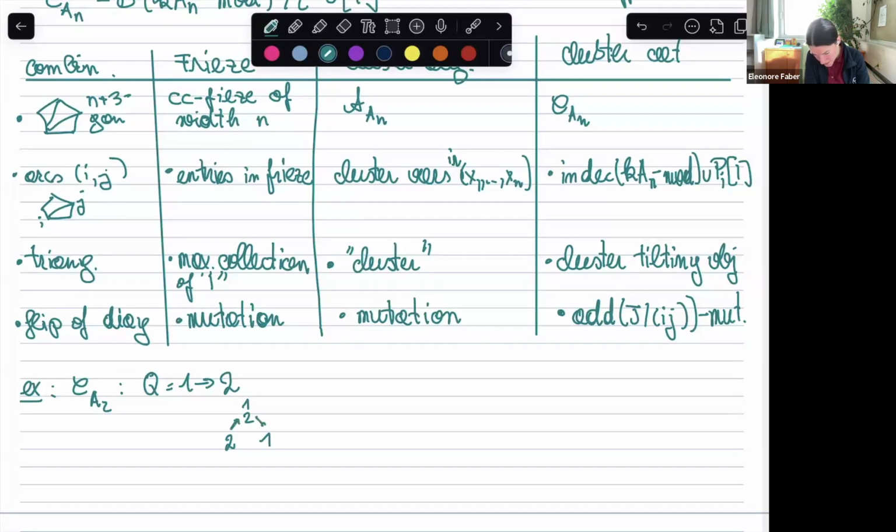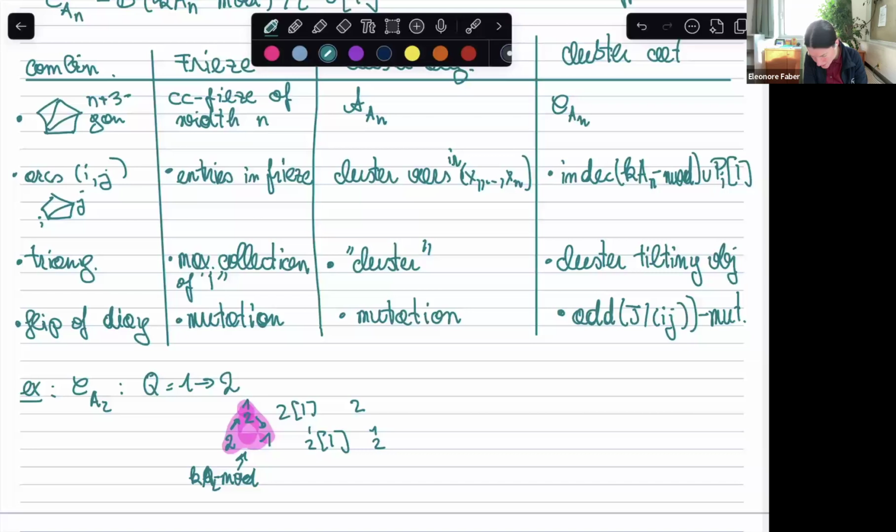So this here is mod A, or K2 mod, and then the shifts of the projectives. So this is 2, 1 and 1, 2 shift. And then the cluster category just continues periodically.